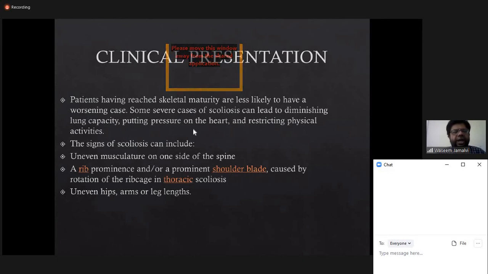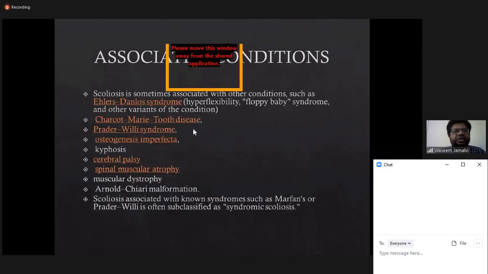You can also see uneven hips, and arm and leg length discrepancy. So there is not only an abnormal shape of the upper chest and the abdomen like this, but there may be chances of arm and leg discrepancy as well.